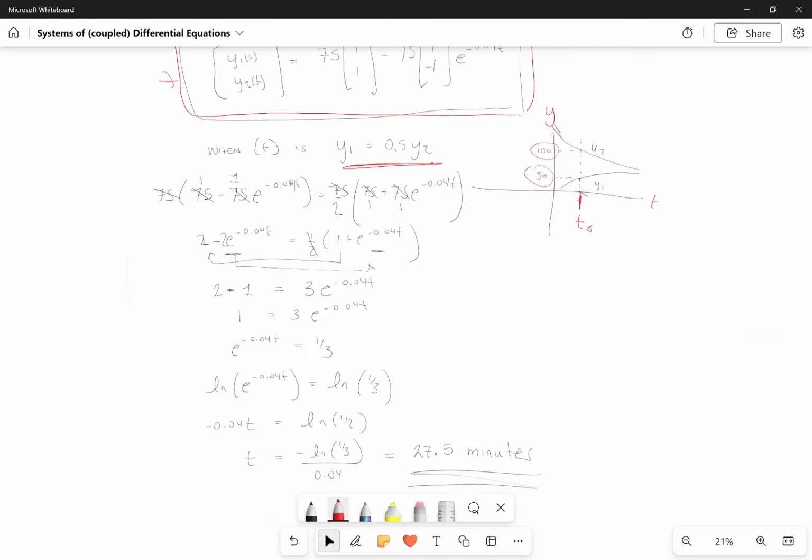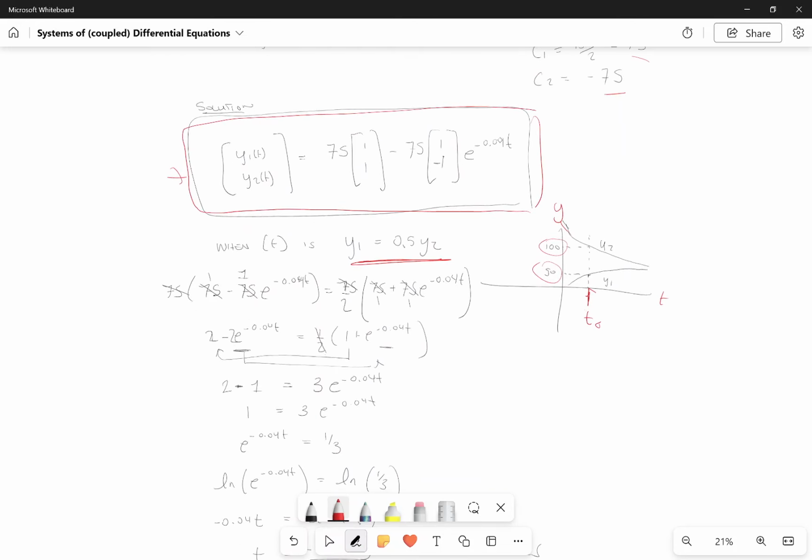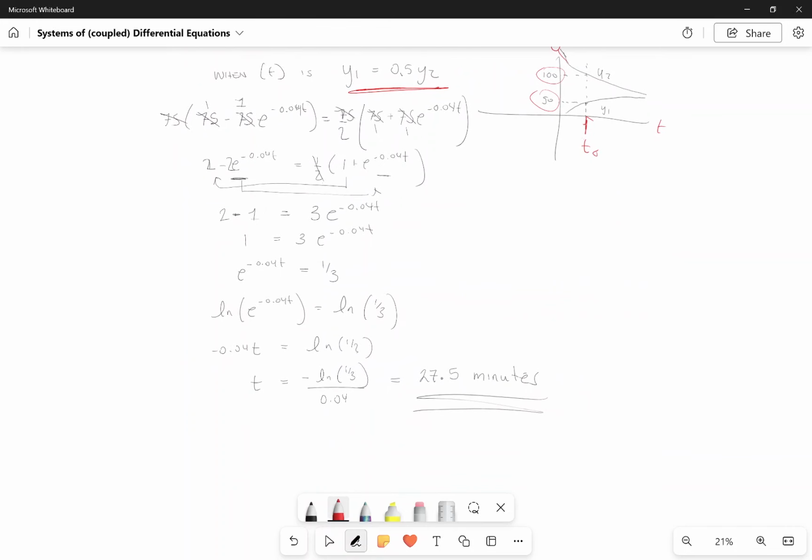If we work it out, we set y1 equals 0.5 y2 and take this equation. After taking the ln of both sides and solving for t, you get 27.5 minutes. So t0 is 27.5 minutes. After they've been stirring for 27.5 minutes, you'll have half of the fertilizer in the other tank.